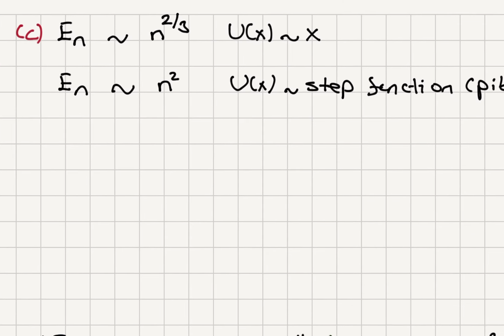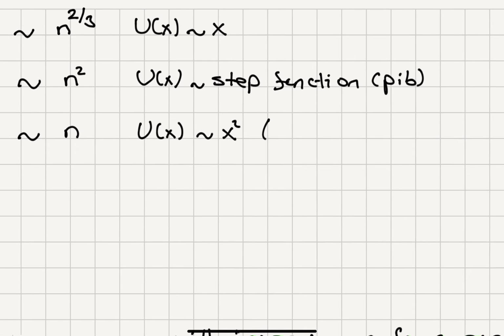And the energy levels vary linearly with n when the potential energy function varies as a quadratic function of x, which is the situation in the harmonic oscillator.